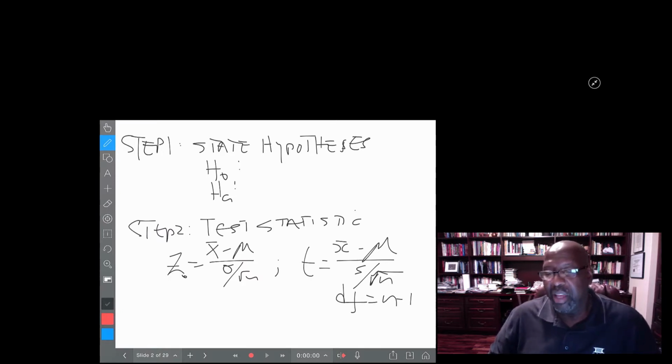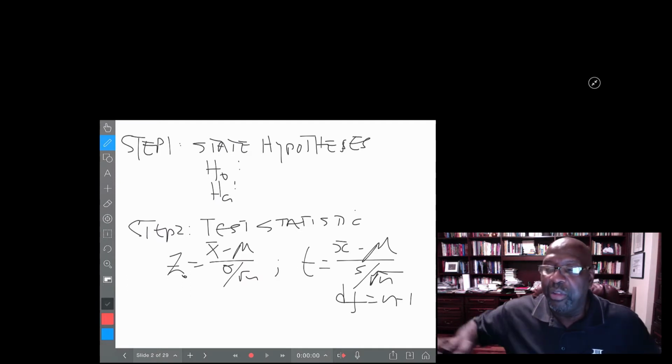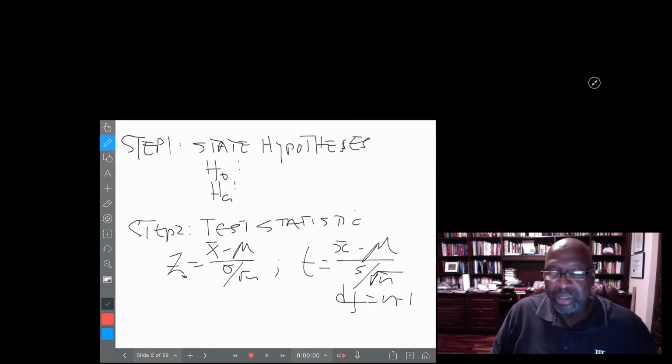So that's our test statistic. It measures for us the evidence. And the bigger the Z value or the T value, the more evidence we have. And the way to think about that is that the bigger those values are, the more the sample is different from the population. So if we think about the case when we talked about exams, and the average exam mark is 66%, but we got a random sample of 50 individuals with an average of 80%.